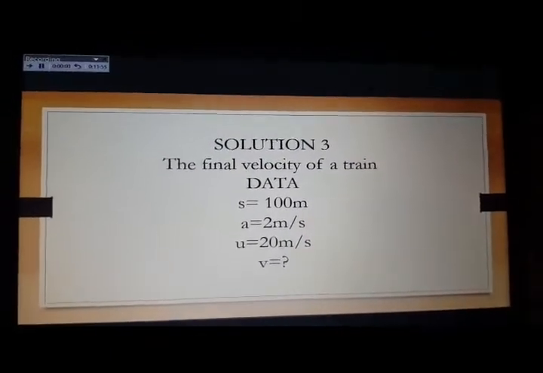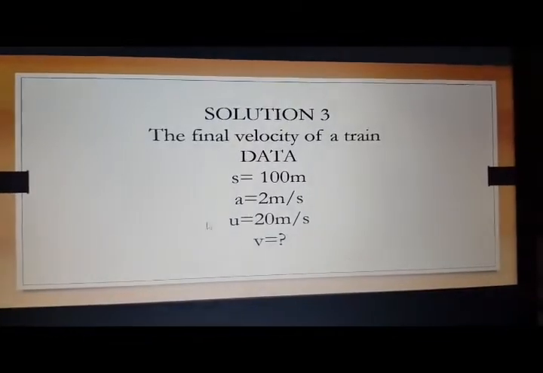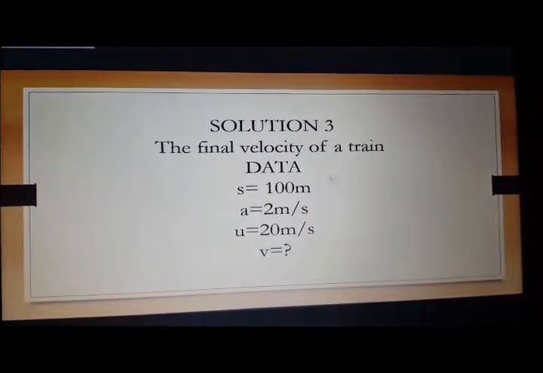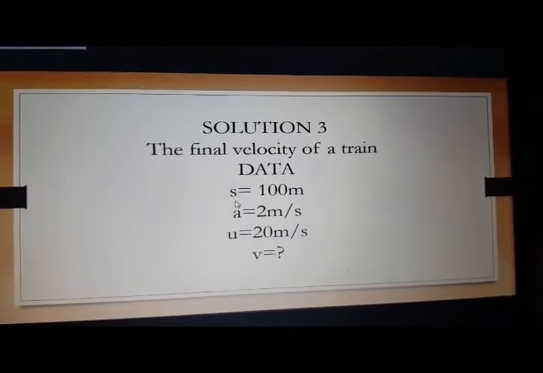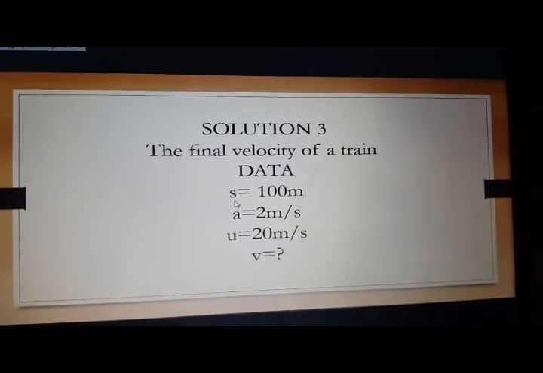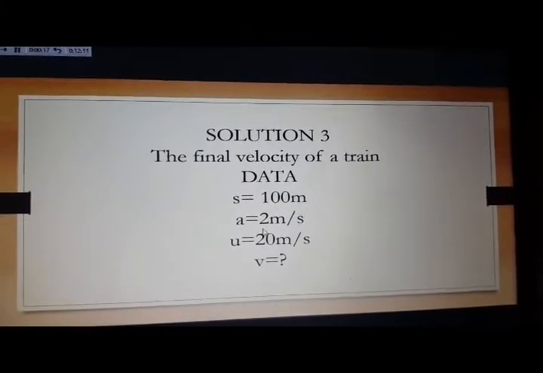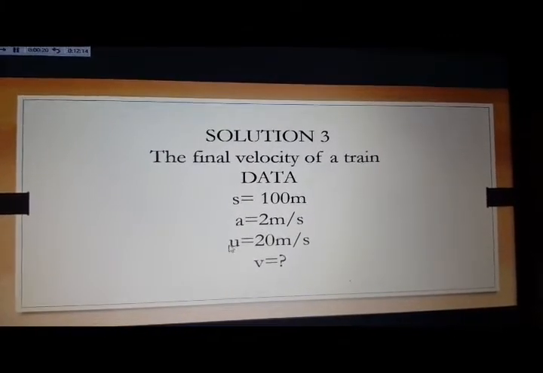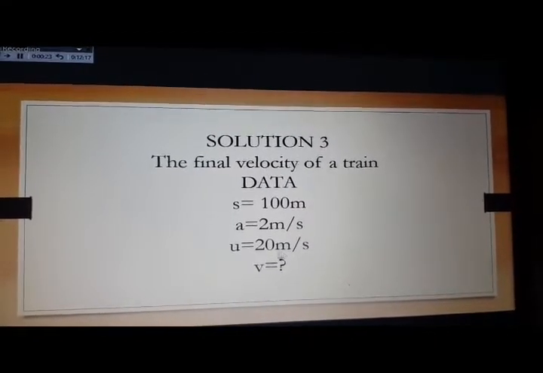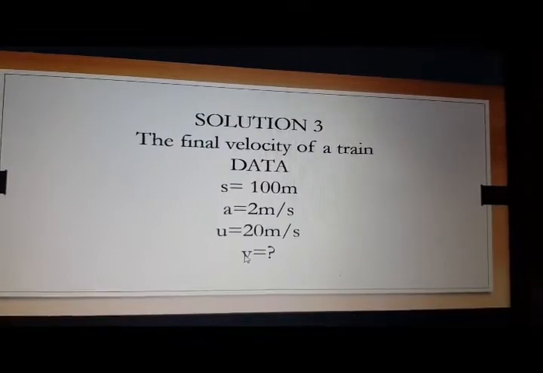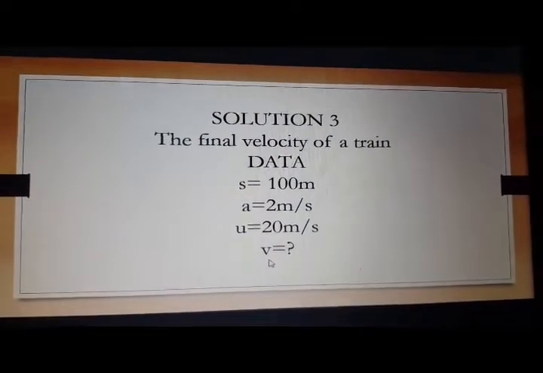Then solution 3. In solution 3, we are to find our final velocity of the train. Then our data: our distance, which is 100 meters, our acceleration, which is 2 meters per second squared, then our initial velocity as 20 meters per second. We are looking for the final velocity, which is not given.